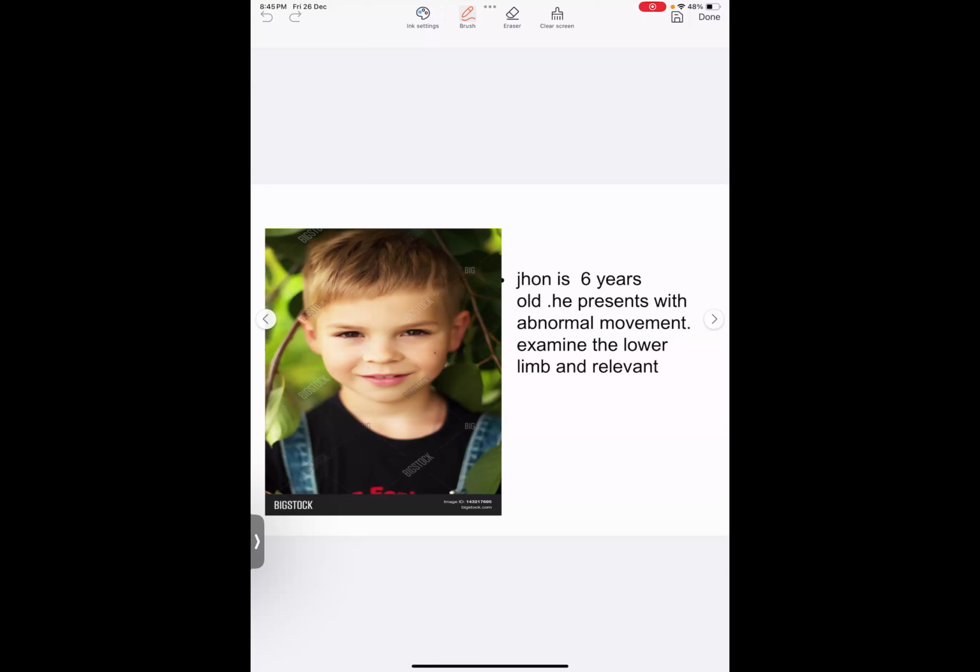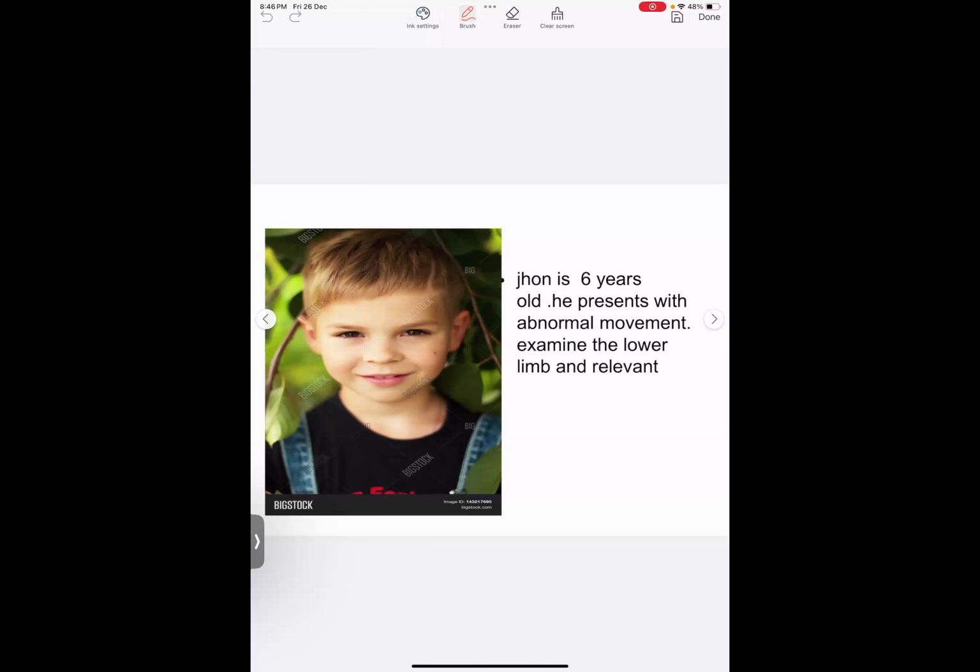How will you investigate? I will investigate for infection: full blood count, ESR, CRP. In sickle cell anemia, stroke can also occur, so I have to do hemoglobin electrophoresis.